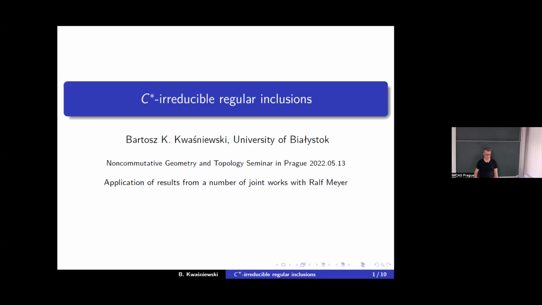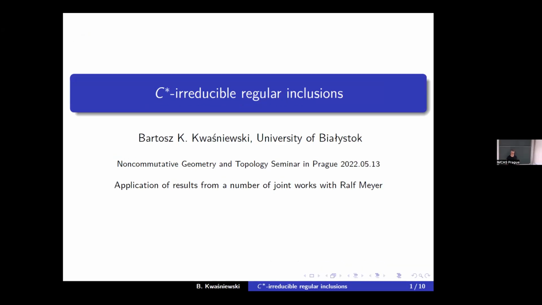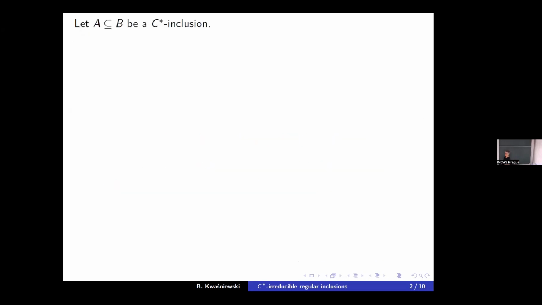So this is the entrance slide. Probably all of you know that simple C-star algebras are important. Probably Karen taught you about that. And maybe you also heard that C-star inclusions are often viewed as dynamical objects. So for me, the basic starting object is a C-star inclusion.